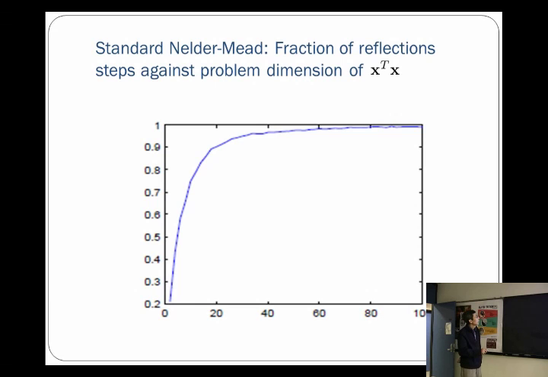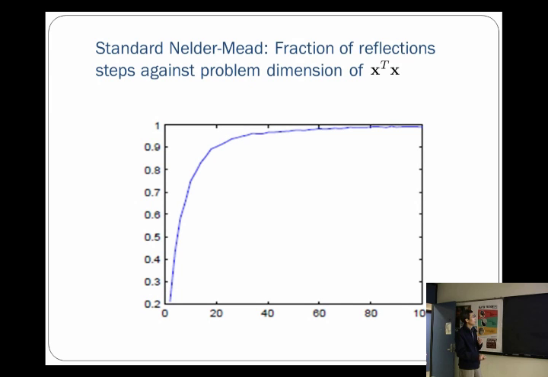Here is a plot of the fraction of reflection steps used in the standard Nelder Mead method on this particular quadratic function, against the dimension. We can see that when the dimension is small, we only use maybe 30% to 50% reflection steps in the standard Nelder Mead method.